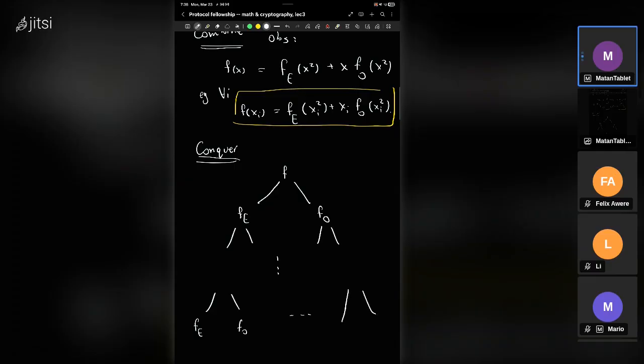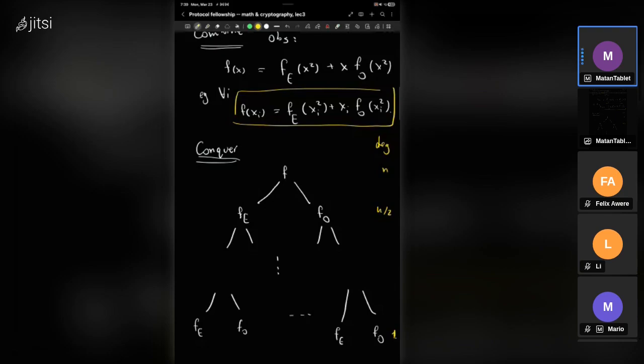What is this last stage? This last stage is when the degree of Fe and Fo is 1. Here the degree of f is n, here the degree of Fe and Fo is n over 2, and in the last stage of my conquering adventure, I get Fe and Fo of degree 1.